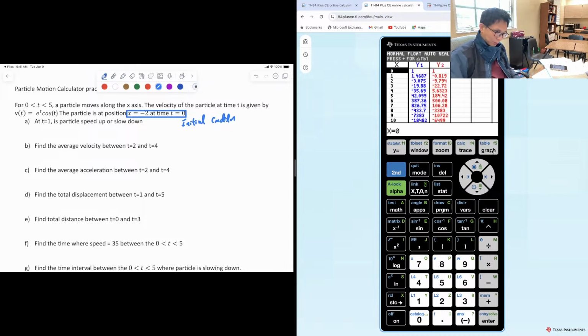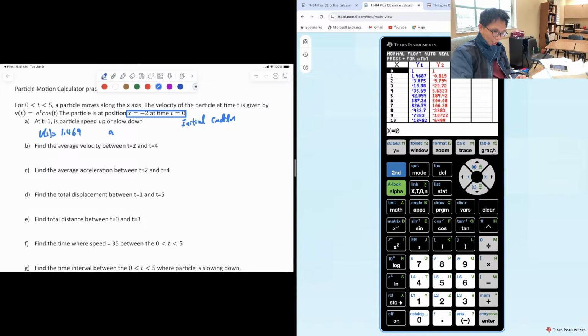So at 1, how are you supposed to write it down on the AP exam? You're supposed to write down V of 1 is equal to 1.46. Now, how many decimal places on the AP exam? 3 decimal places. Keep it 3 decimal places. Write down 3 decimal places, not 2, not 1, 3 decimal places.